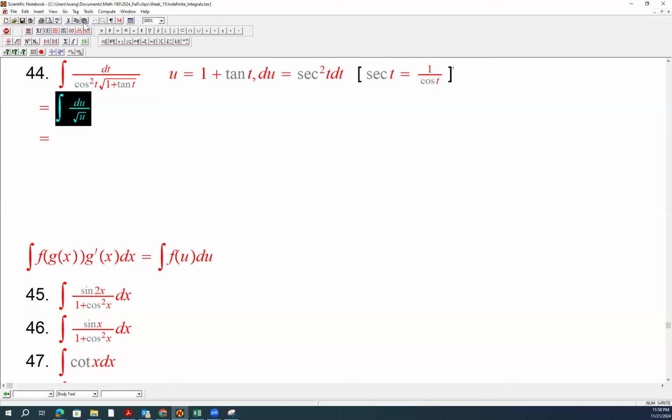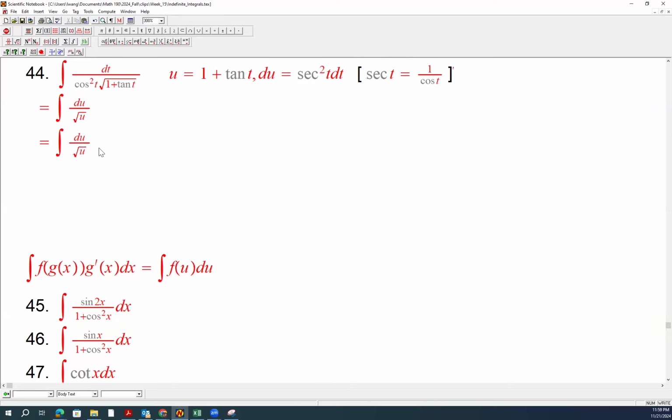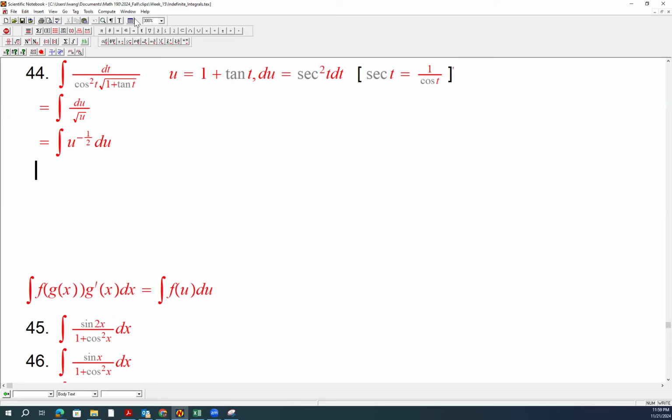And now we're going to use the power rule. So this is du, and this root u, under the u, we're going to use negative 1/2. We're going to use the power rule to finish the integration.